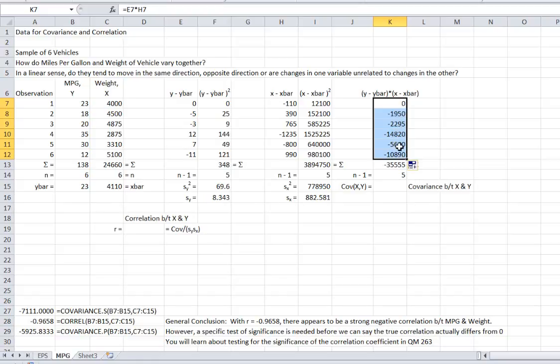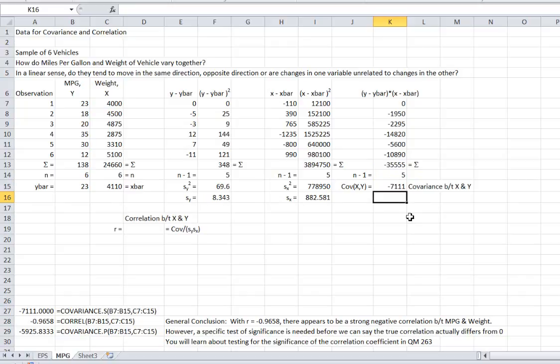And you can see all the negative values, and sure enough, then it sums up to minus 35,555. Okay, so a large negative number, but again, when we divide that by degrees of freedom, we really don't know much about what it means.